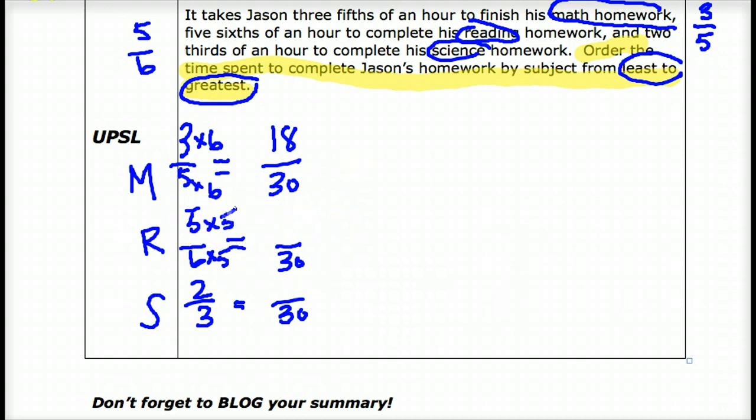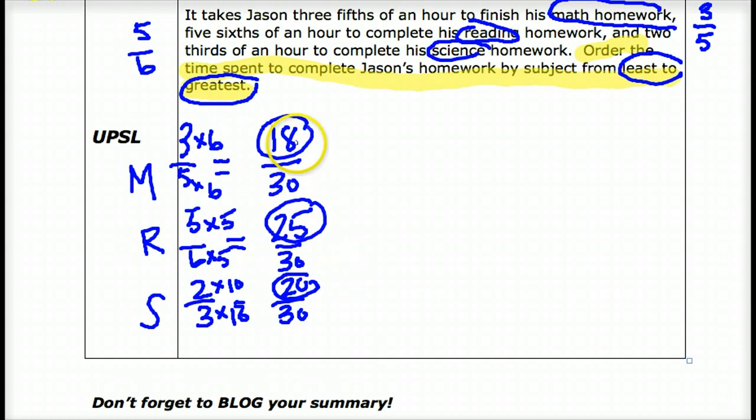5 times 5 is 25. 3 times 10 is 30, so 2 times 10 is 20. Now all we have to do is list them from least to greatest by looking at the numerator. And we see that our least number would be 18/30, which corresponds with math.